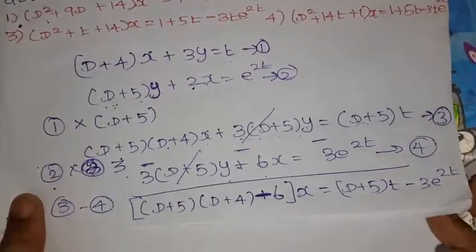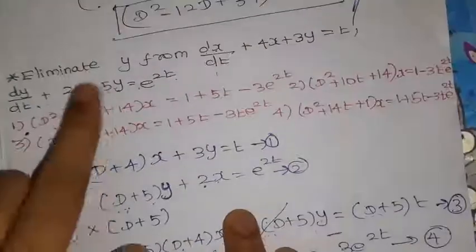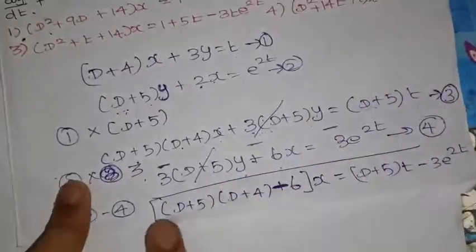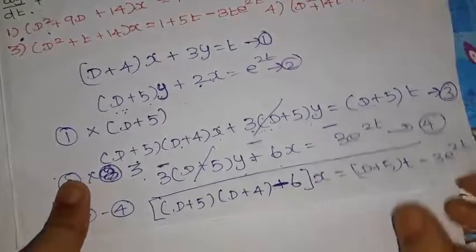I will write x in common: ((D plus 5)(D plus 4) minus 6) into x. So we have eliminated y, and according to the options we should multiply inside and simplify. Okay, let's see.